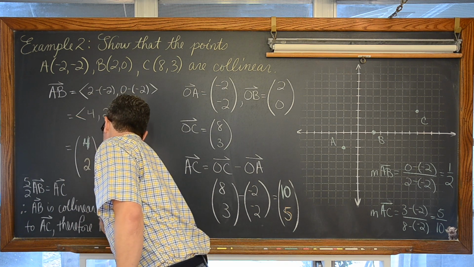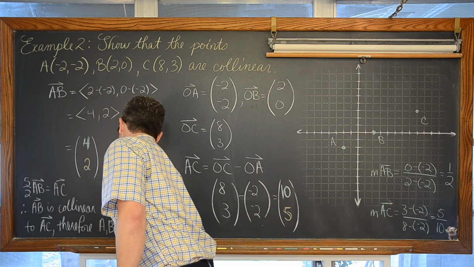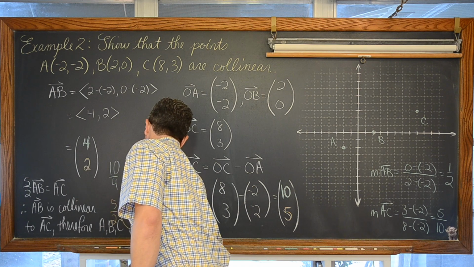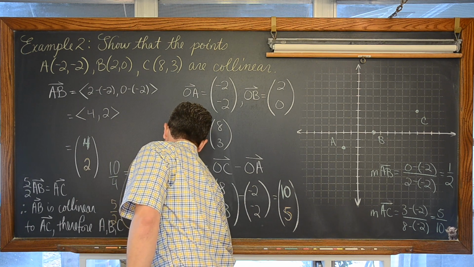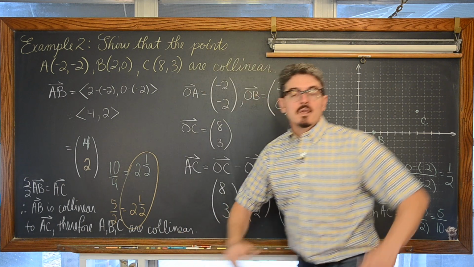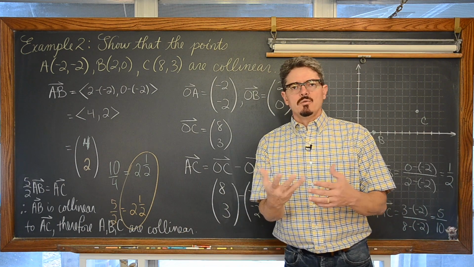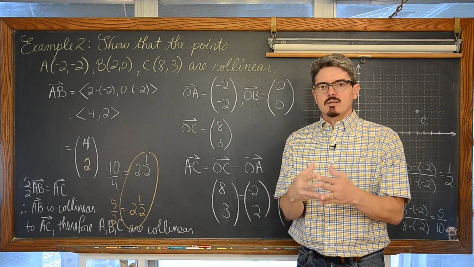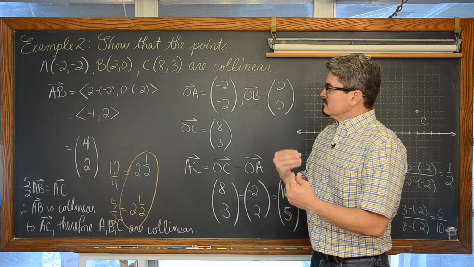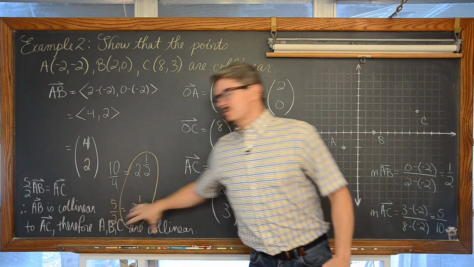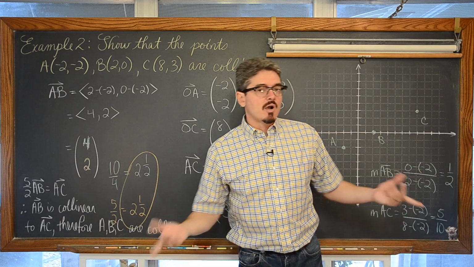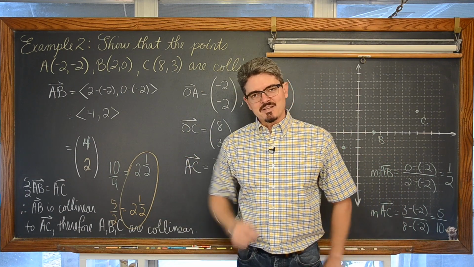Therefore, A, B, and C are collinear. When you're doing these problems that say show that, you're going to have to validate your answer both with algebraic work and then summarizing your conclusion at the end of your problem, and that is the end of this second example.